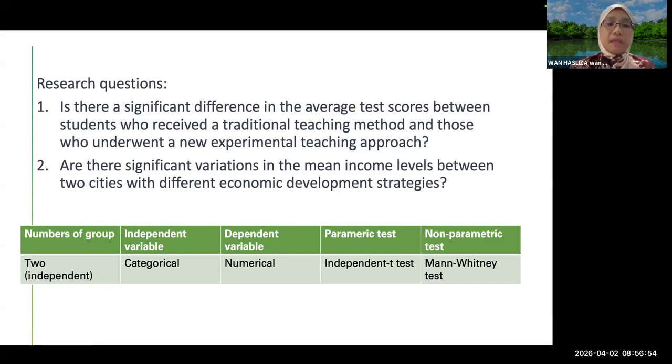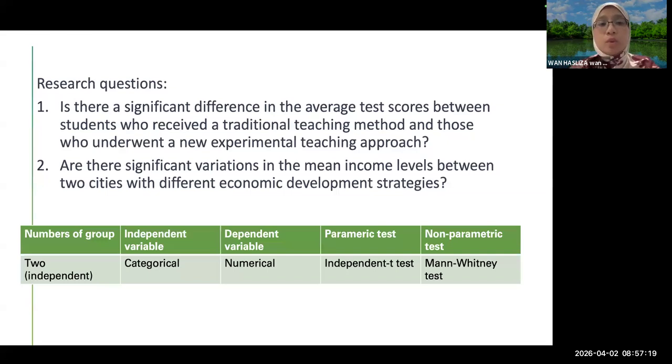From this, they didn't do any intervention, they just did observation. So we look at how many groups the independent has. We have only two groups, which is categorical. What does categorical mean? We have the traditional teaching method, one group. Another group is the new experimental teaching approach, the new method.